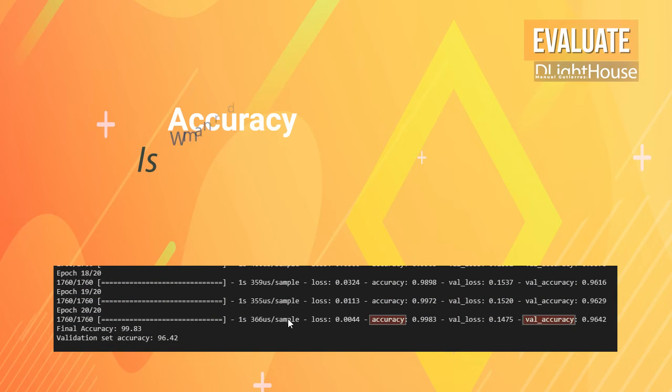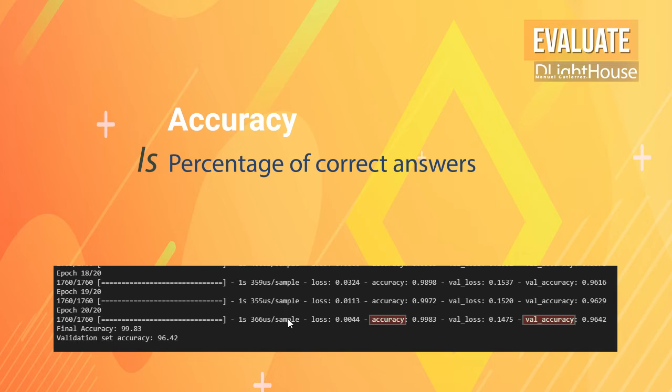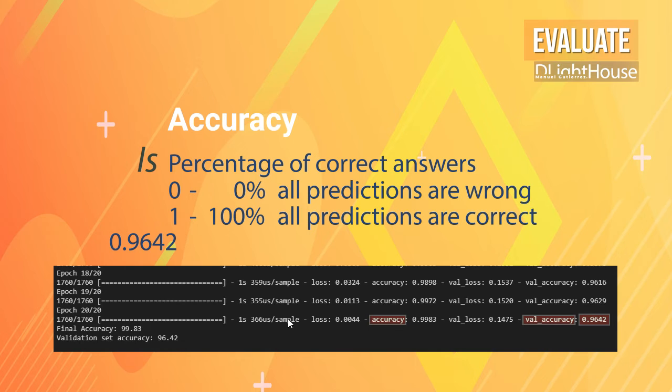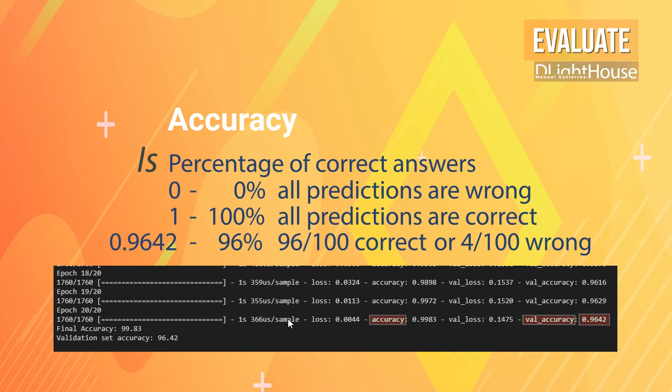Accuracy represents the percentage of correct answers, with 0 or 0% meaning all predictions were wrong, 1 or 100% meaning all predictions were true or accurate, and, for example, 0.9642 or around 96%, meaning 96 out of 100 predictions were accurate, or around 4 out of 100 were predicted with the wrong label.